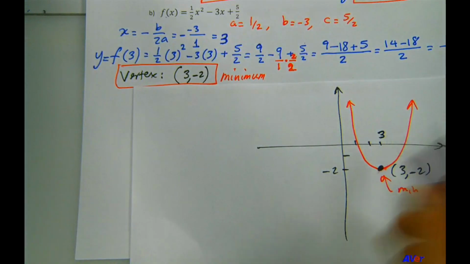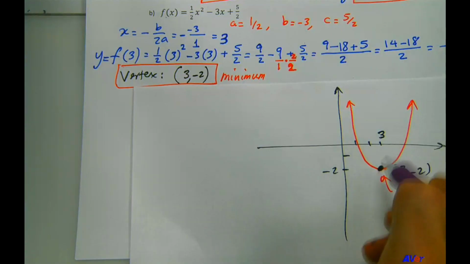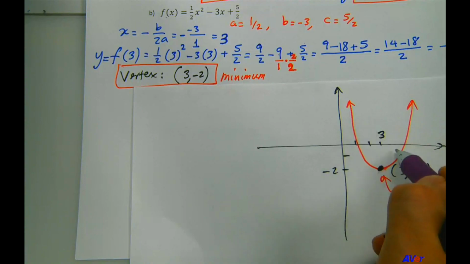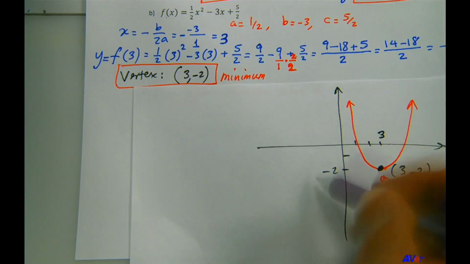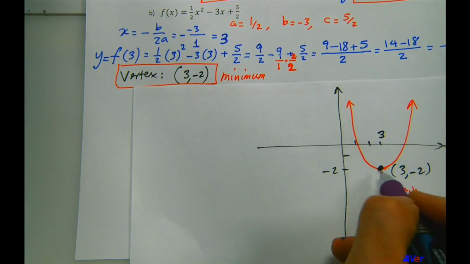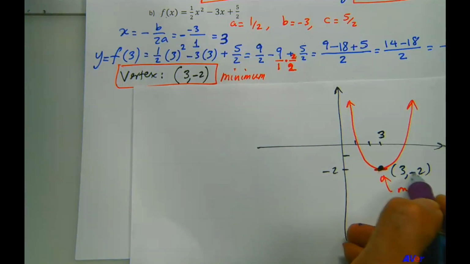So what is the range then? The range, if you remember from earlier lessons, is the behavior of the graph with respect to the y-axis. So with respect to the y-axis, the graph is beginning from negative 2, right? Negative 2, that's the lowest point.